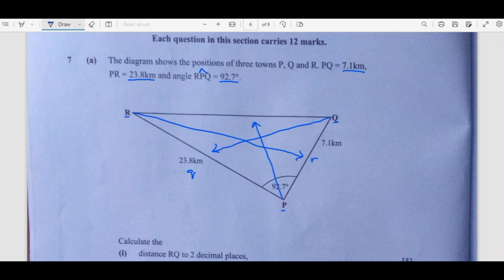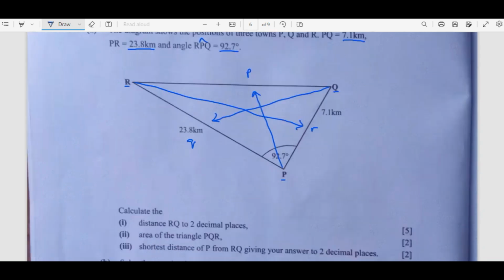For sides we use small letters, and capital letters are used whenever it is represented by an angle. In this case, they've asked us to calculate the distance RQ to 2 decimal places.